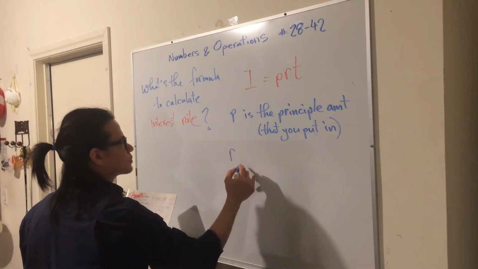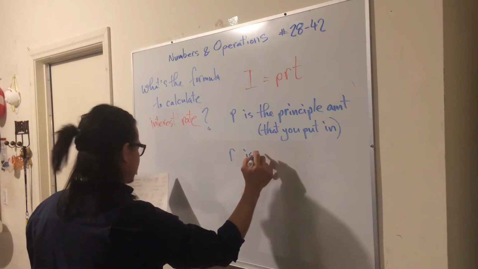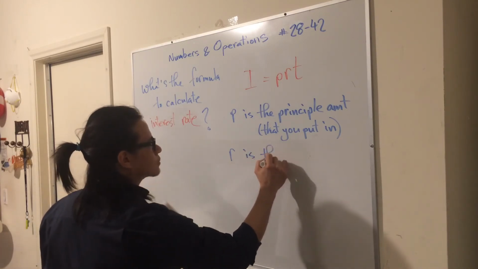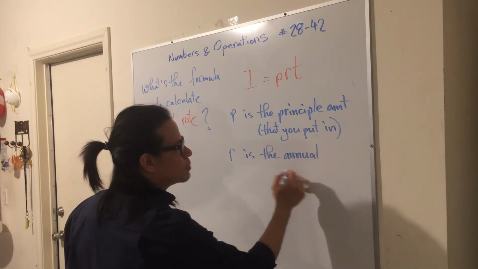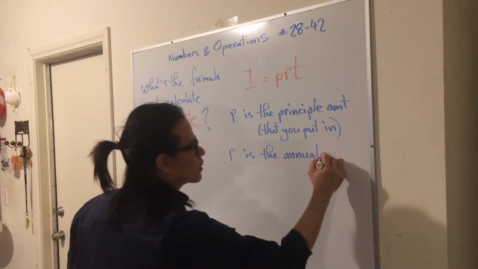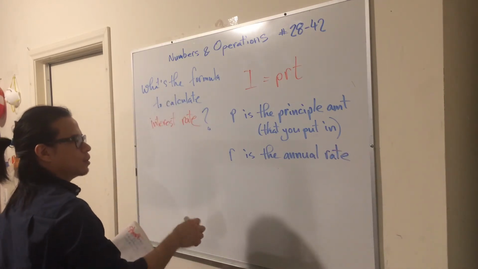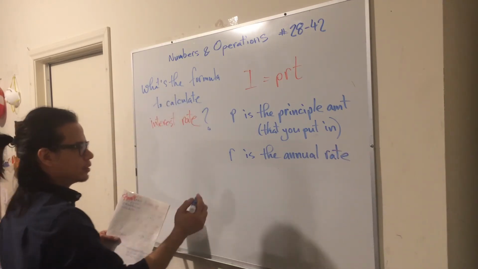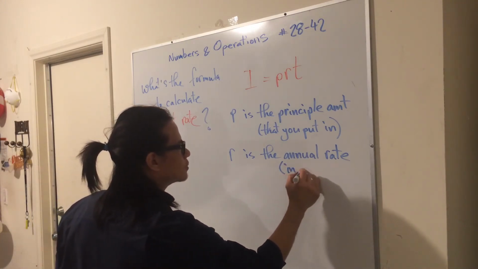Rate is represented by R, okay? So R is the annual rate. Annual means yearly. So how much interest would you collect per year, or would you be charged per year? Okay, and this will be expressed in decimal.